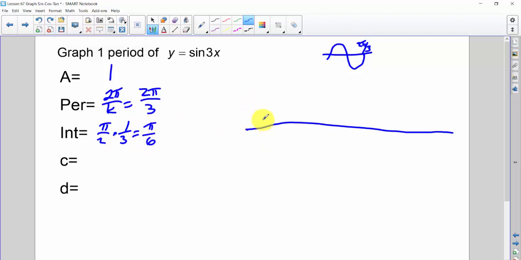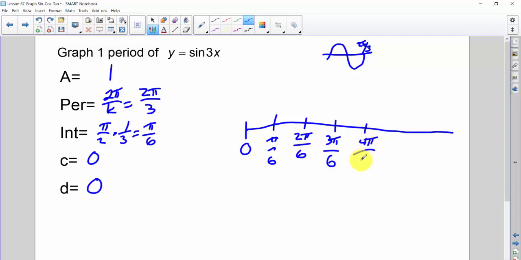So notice, if I have pi over 6 intervals, with C and D being 0, I start at 0, and instead of going to pi over 2 to start with, I'm going to go to pi over 6. And I increase by pi over 6 every time. So this is 2 pi over 6, 3 pi over 6, and 4 pi over 6, which is 2 pi over 3.